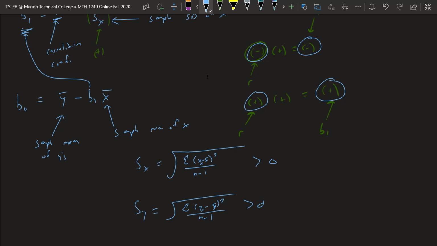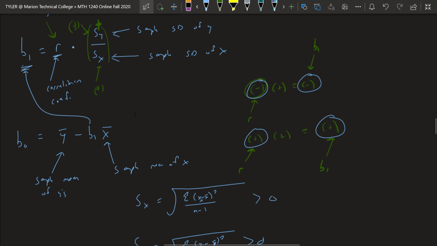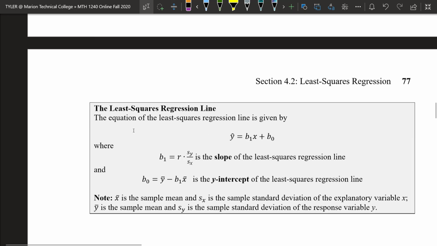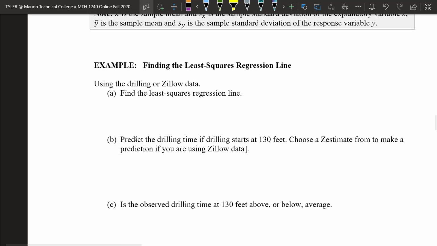But this is also going to be bigger than 0, so that's why s of x and s of y are going to be bigger than 0. In other words, positive. So we looked at everything in this box, breaking it up into smaller chunks to make sense of it.